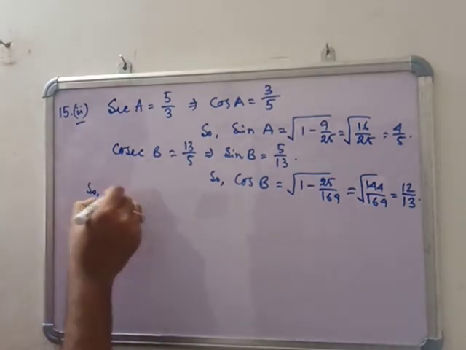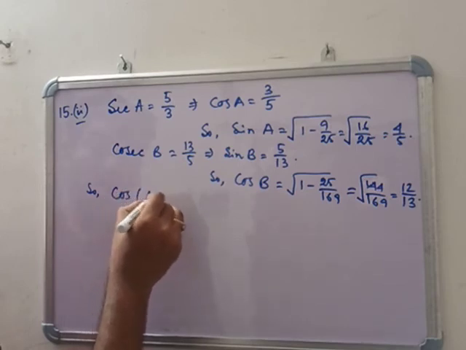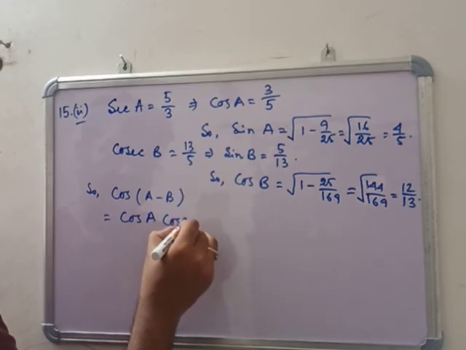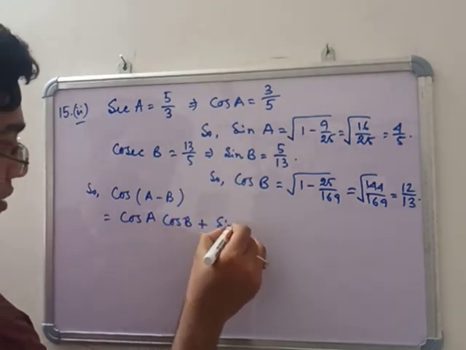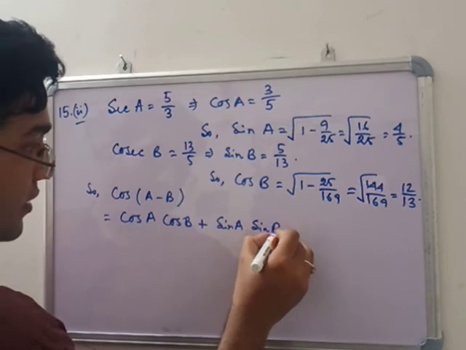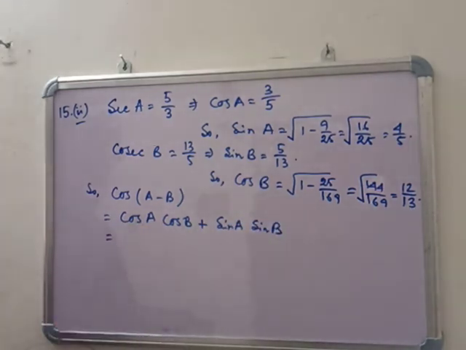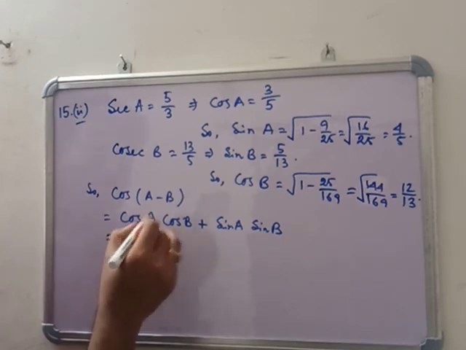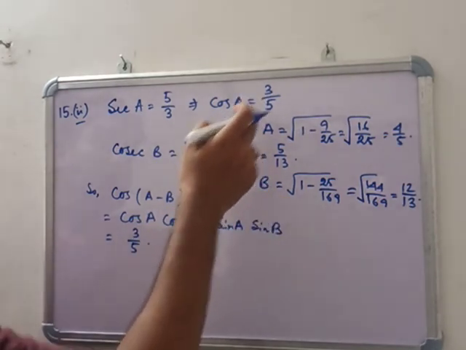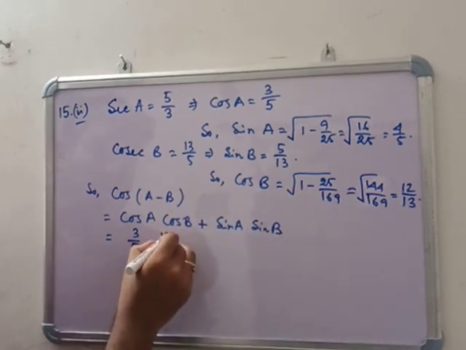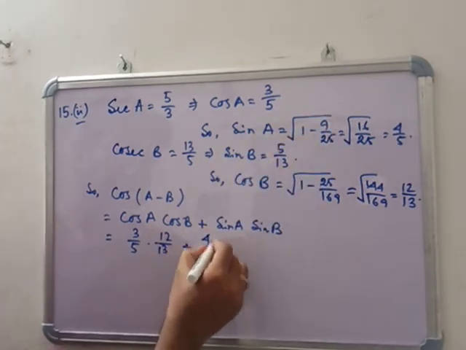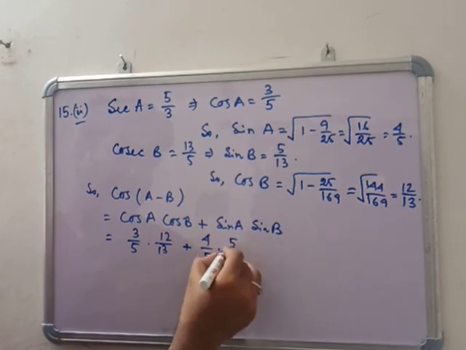So cos of A minus B equals cos A cos B plus sin A sin B. Then if you put the values, we get cos A, 3 by 5, into cos B, 12 by 13, plus sin A, 4 by 5, sin B, 5 by 13.